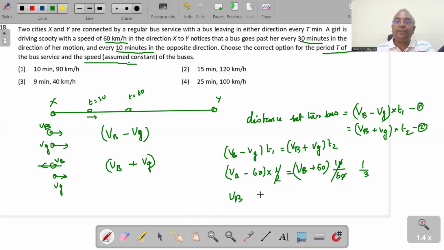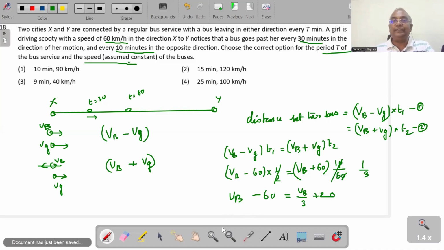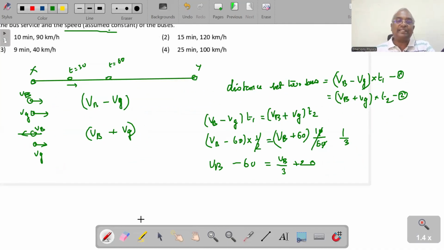Velocity of the bus minus 60 equal to velocity of the bus by 3 plus 60/3, that is 20. Now bring this side. Velocity of the bus minus velocity of the bus by 3 equal to 80. Taking velocity of the bus common, 1 minus 1/3 equal to 80. 3 minus 1, 2/3.